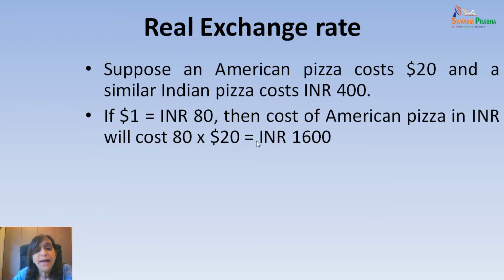This means in INR for that pizza, I am paying 1600 rupees. 80 rupees is my nominal rate of exchange, the rupee-dollar rate, and $20 is the cost of pizza. So 80 multiplied by 20 gives you 1600 INR. That is, for the pizza in America you are going to pay 1600 in terms of Indian rupees.